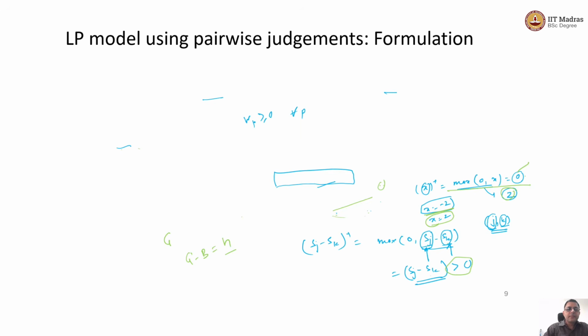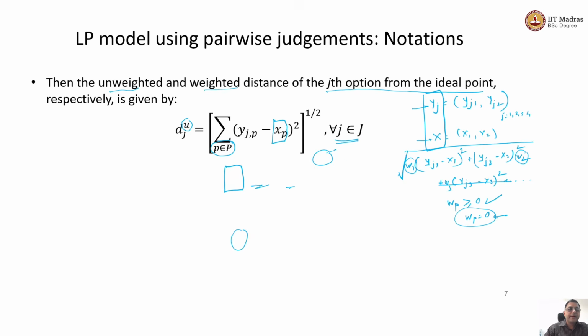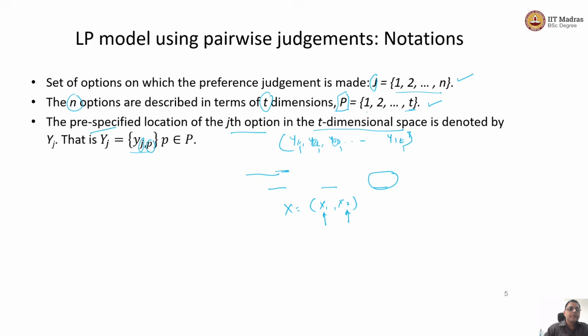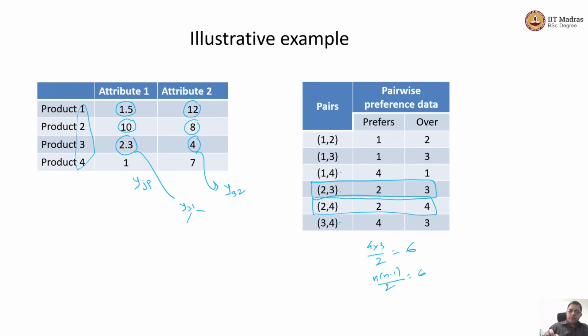So go back to the problem. Where is my data? Way back, here. y31 is 2.3. This is my y31, the third option, attribute number 1. y11 is actually 1.5.